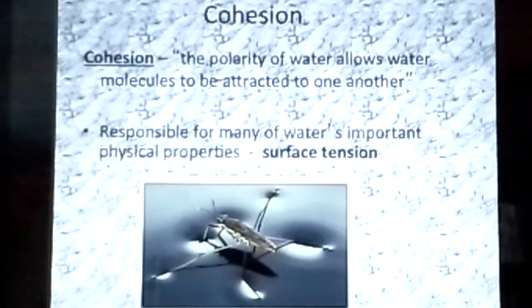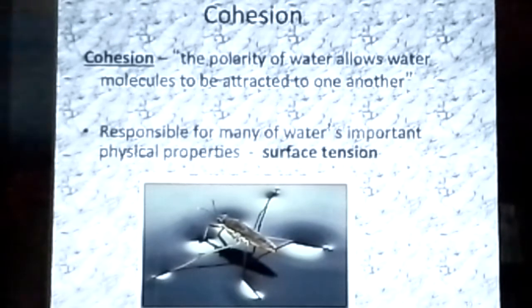Surface tension is that skin that you see or you feel on the water. If you put your hand very lightly on water, you can feel the surface. That's surface tension. If you look at the picture of the bug, you can see where its feet are actually pushing down on the surface tension of the water. That's what keeps it from falling into the water itself.